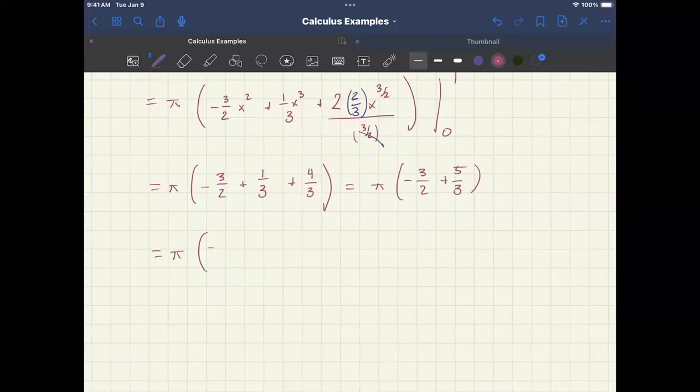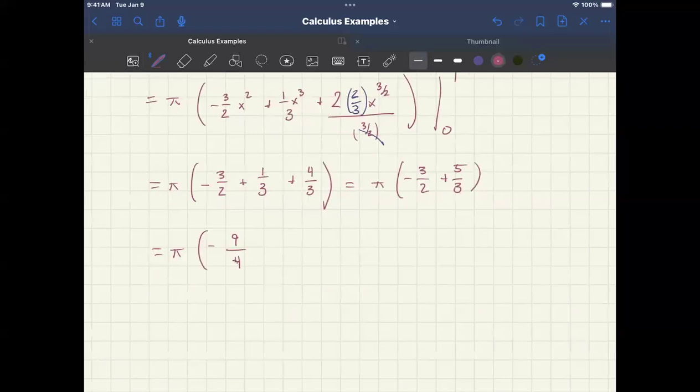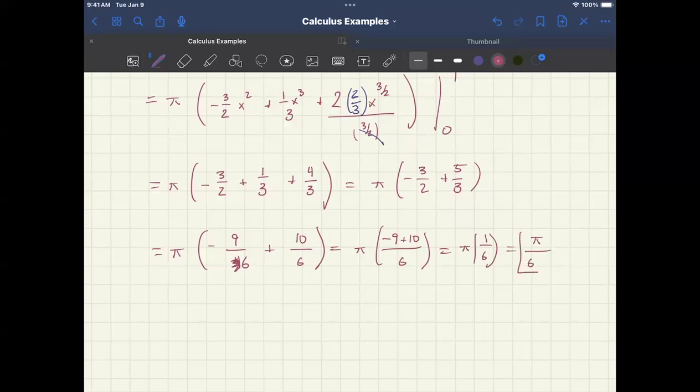So we multiply by 3 on our numerator and denominator for the first fraction, and by 2 on the second fraction. So we end up with negative 9 plus 10 over 6. So this is going to give us pi times 1/6, or you can write it as pi divided by 6.